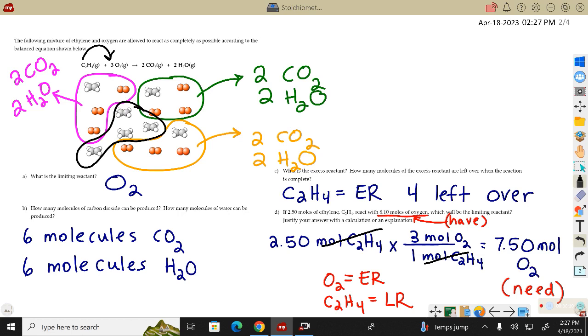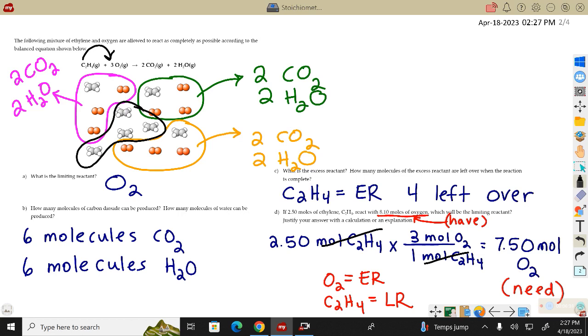What was given to me in the problem, that's what I have. So I have 8.1. I need less, I have extra. So oxygen's the excess. By process of elimination, the C2H4 ethylene must be the limiting. Now if you choose to do the calculation, you can start with either reactant.